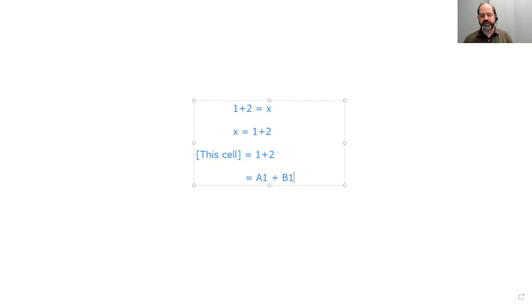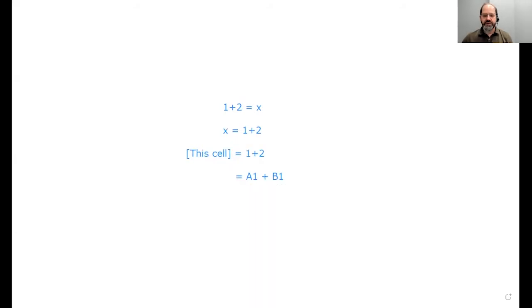That is, we're going to want to add together the items that are in certain cells rather than just numbers. So the moral of this story is that you always start with the equal sign when you're creating a formula or a function. Let me close out of that.